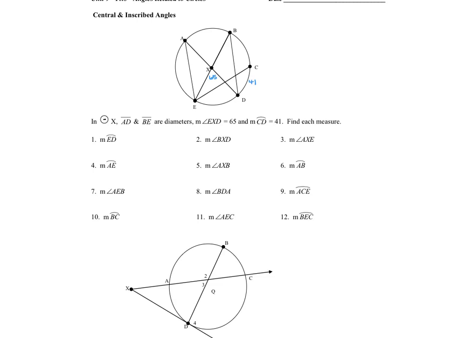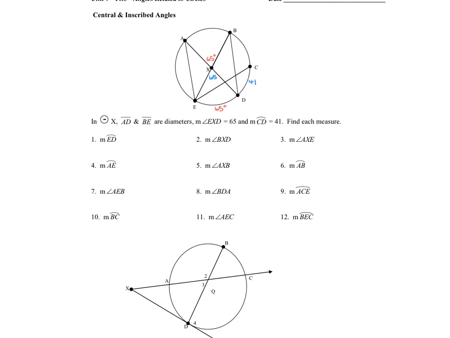So right away, I know that if the measure of angle EXD is 65, then the measure of angle AXB is also 65, because those are vertical angles. I also know that the measure of arc ED will be 65 degrees, because the central angle that intercepts that arc is angle EXD, and the measure of a central angle and its arc are the same.